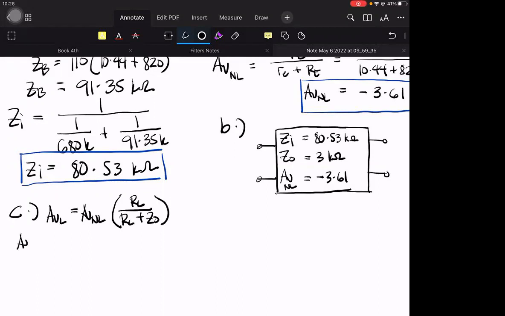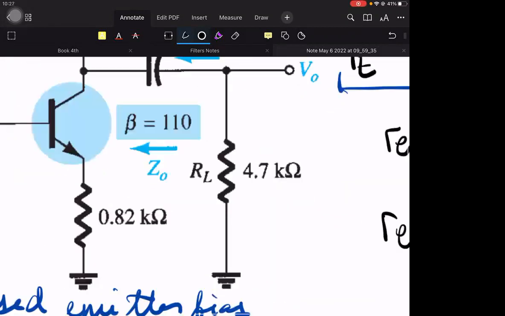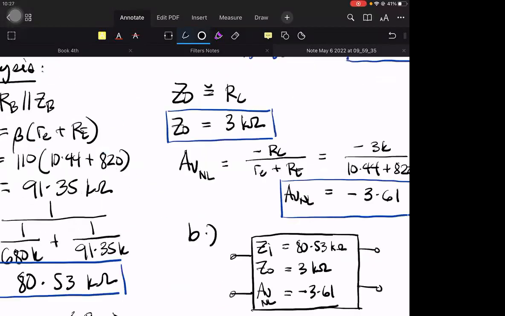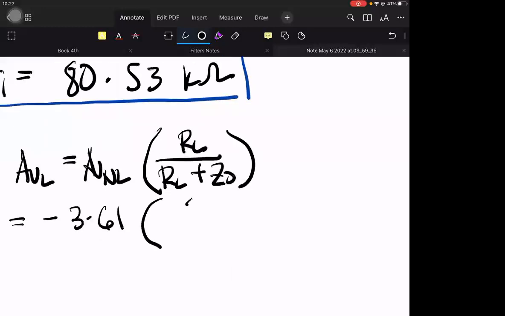So AVL is negative 3.61. How much is RL? 4.7K. So 4.7K over 4.7K plus 3K.